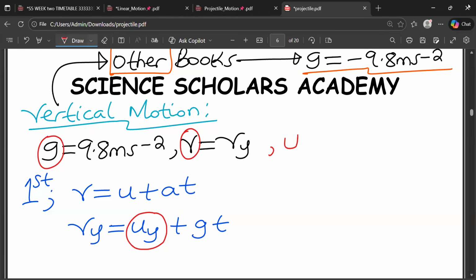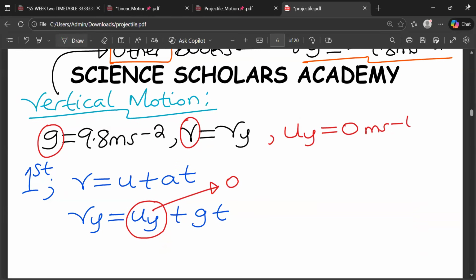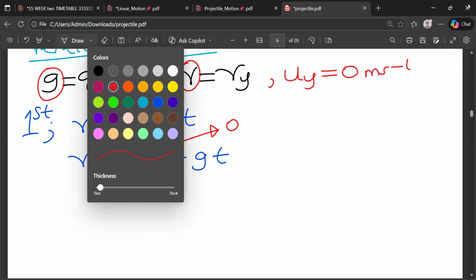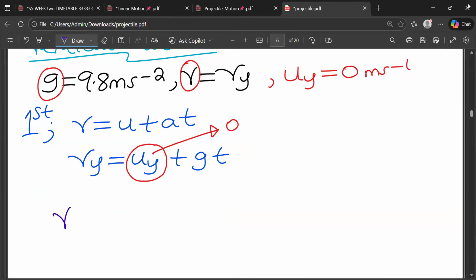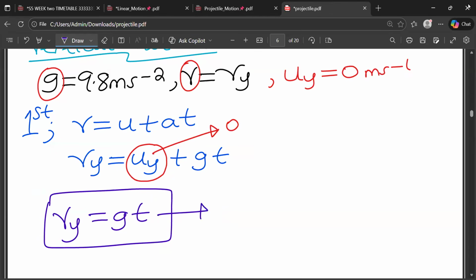I think you see that these things need time. You need to go back and repeat them on your own. So this uy was a 0. Since that was a 0, it is going to be discarded. And you're only going to remain with the velocity being only and only gt. And that is the third formula. This is the third formula.